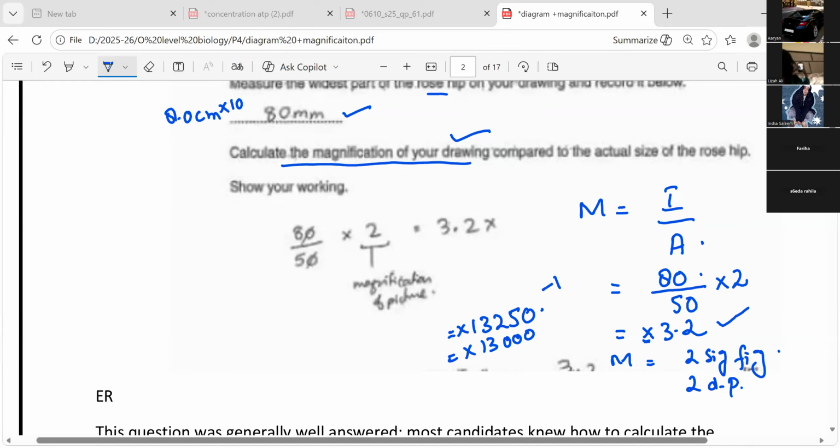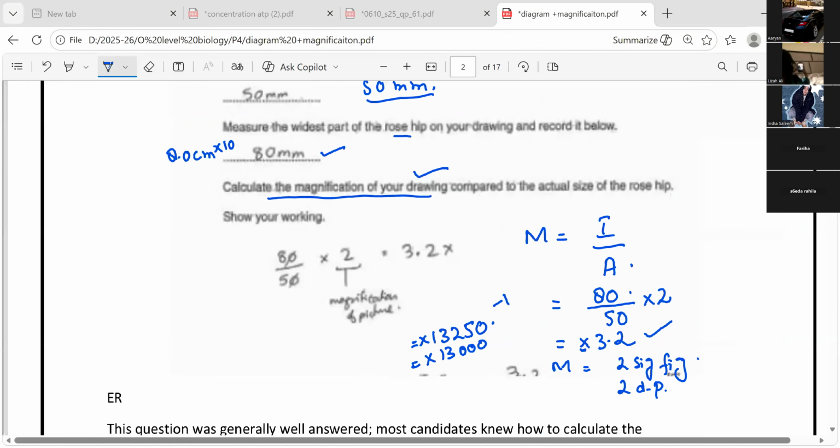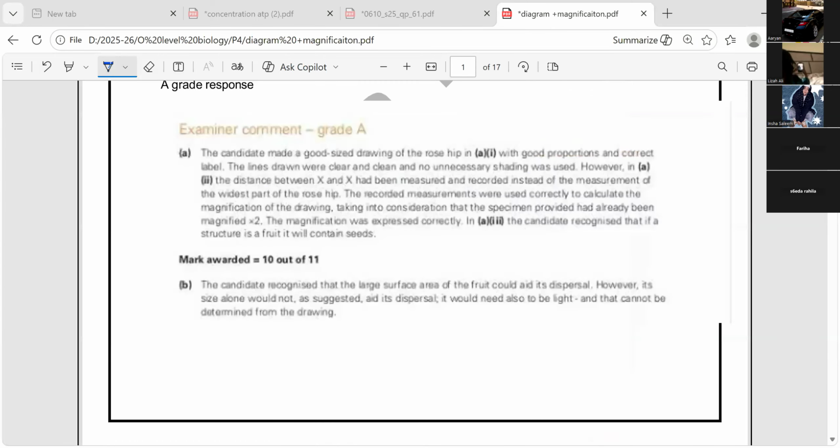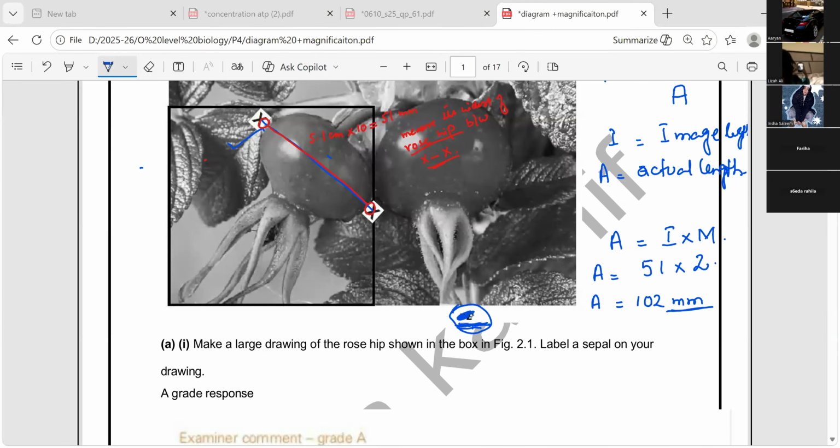One more thing. Sometimes, let's suppose, the allowance is not given in the question. So what does it mean?